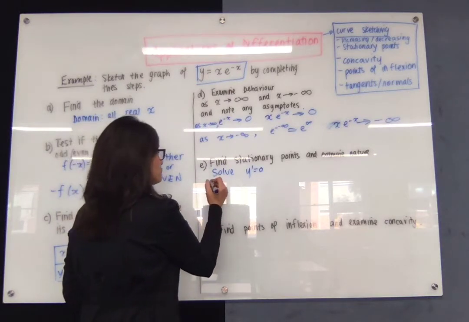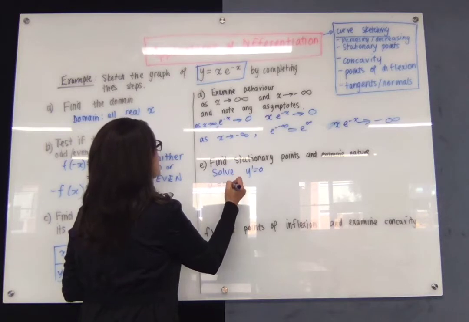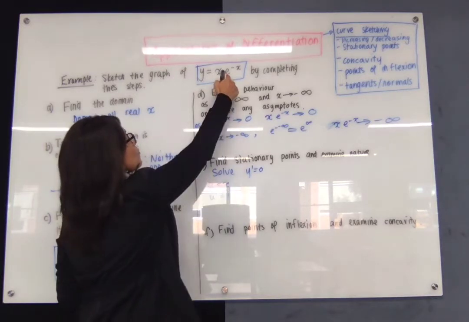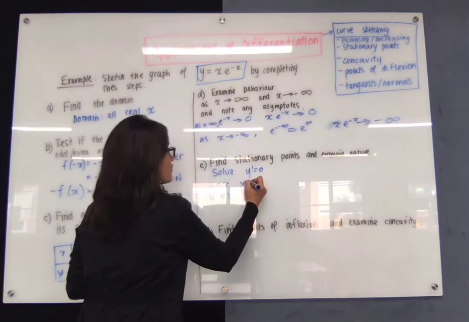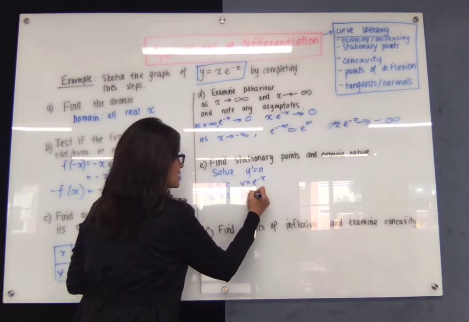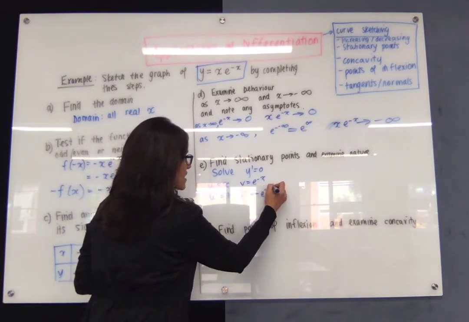the product rule. So u is equal to x, and u dash is going to be 1, and then we'll call this second part of that product v, which is e to the negative x, and v dash is going to be the derivative of that, which is negative e to the negative x.